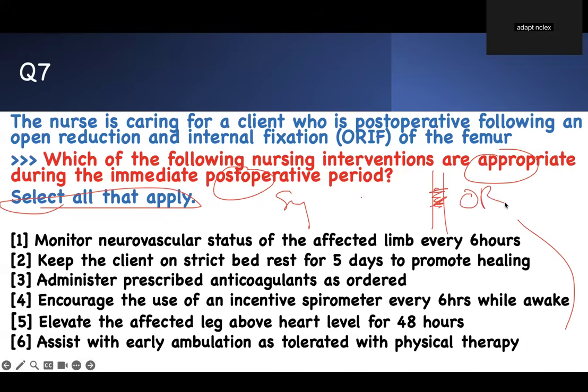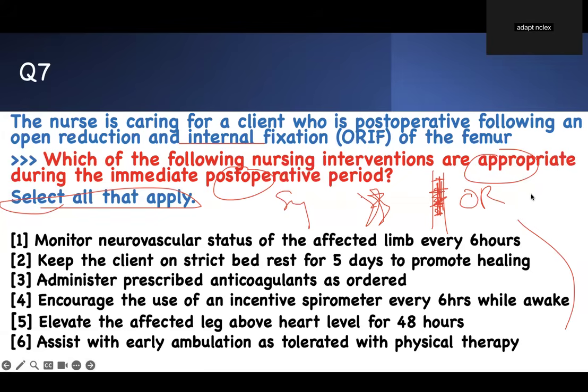Reduction means if the bone is displaced, is broken, I got to line it up. Internal fixation, then I got to put a rod to keep it in place. That's all. That is what we mean.